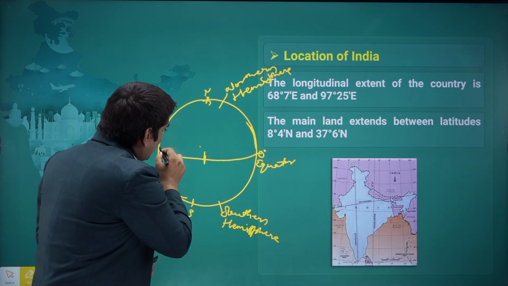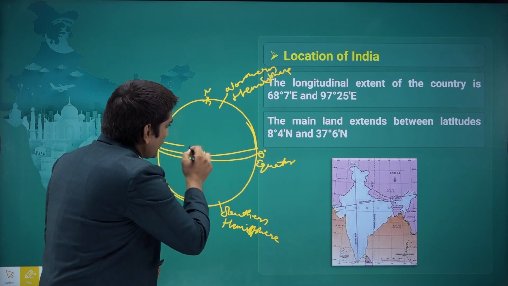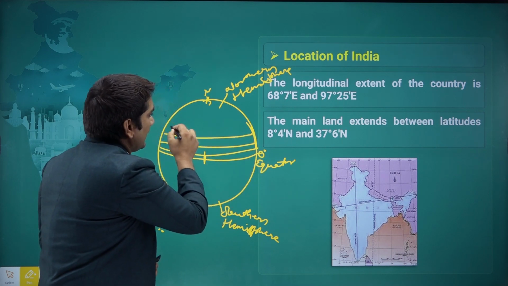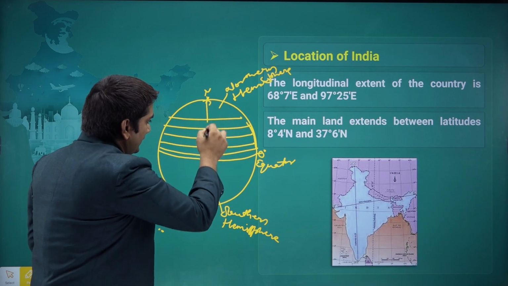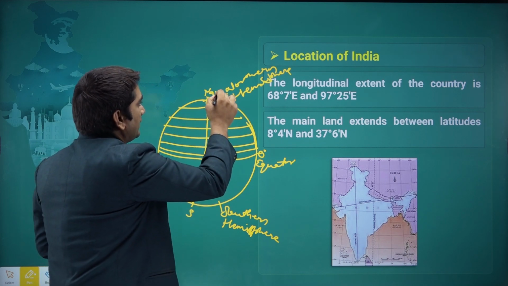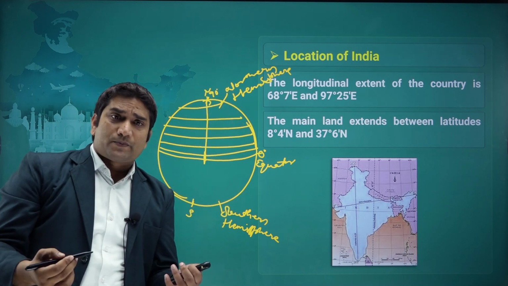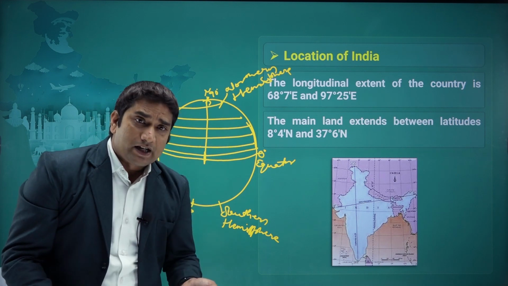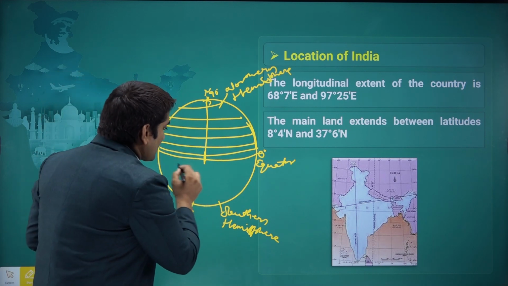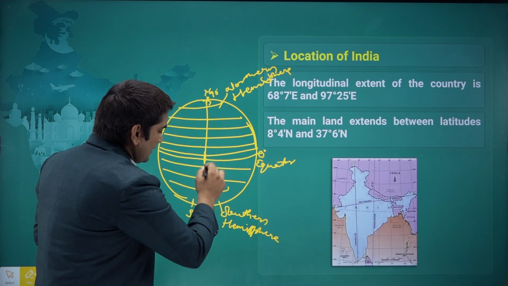Above 0 degree we have 90 degrees, so at this point we'll have 90 degrees. In the northern hemisphere we have 90 latitudes, and in the southern hemisphere again we have 90 latitudes.